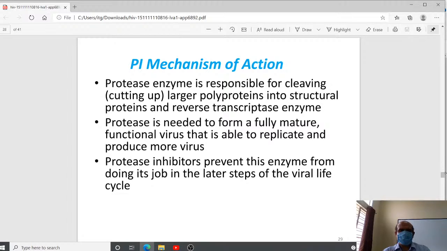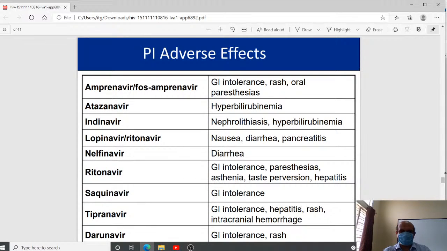Protease is needed to form a fully mature functional virus that is enabled to replicate and produce more viruses. Protease inhibitor prevents this enzyme from doing its job in the later steps of the viral life cycle.